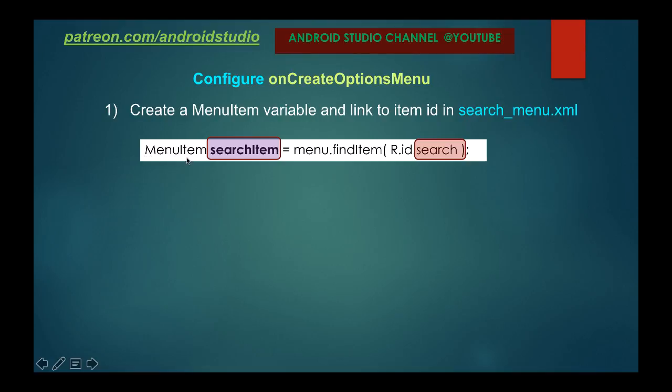So you create a menu item object or variable, and you can name it actually whatever you want, but in this case I have named it searchItem, and then link that with the ID of the item block in your search_menu.xml. So equals menu.findItem(R.id.search). So what do I mean by that?